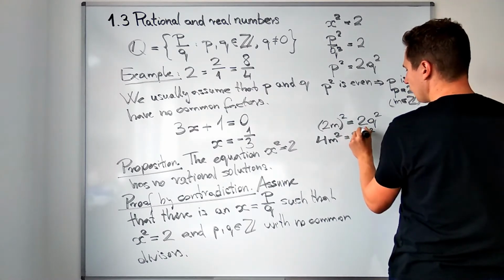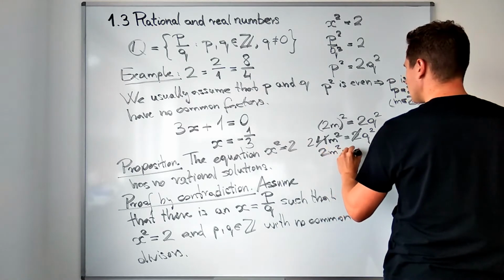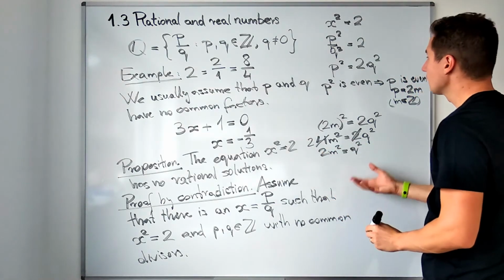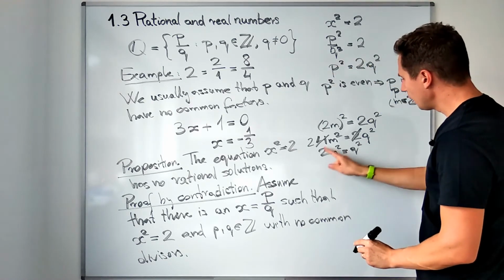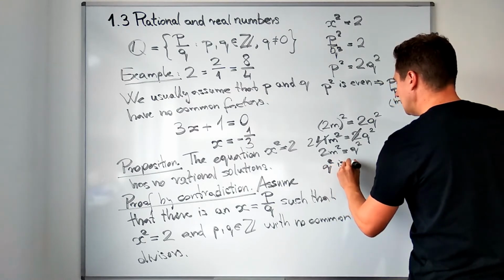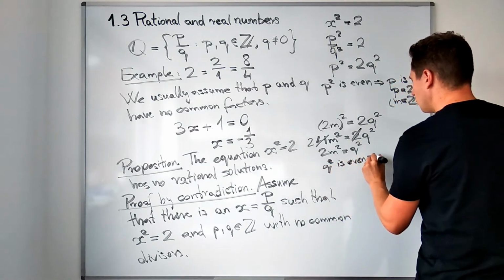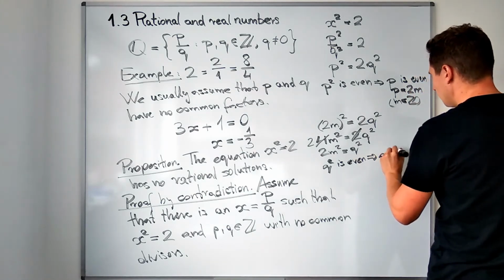Now I can simplify by 2, so I have 2m squared equals q squared, meaning that we are at a similar position to where we were at this point. Now we see that q squared is twice some number, so is an even number. And just by the same argument, we have that q is even.